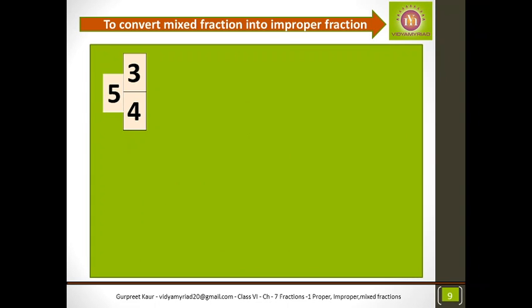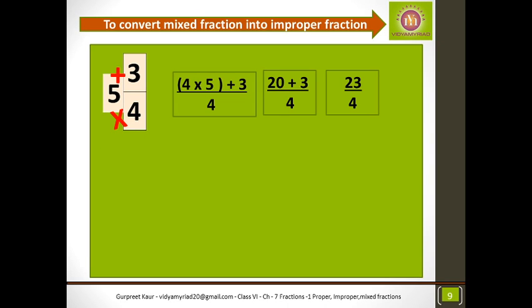Now let me teach you how we can convert a mixed fraction into an improper fraction. See, first I will multiply 4 by 5 and then the result I will add with 3. And I can write it like this: 4 multiplied by 5 plus 3, divided by 4. 4 is the denominator. So when I solve it, I will get 23 by 4.